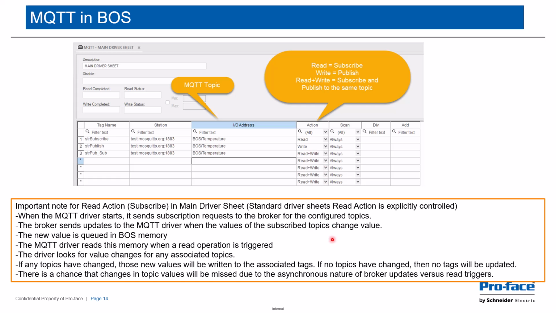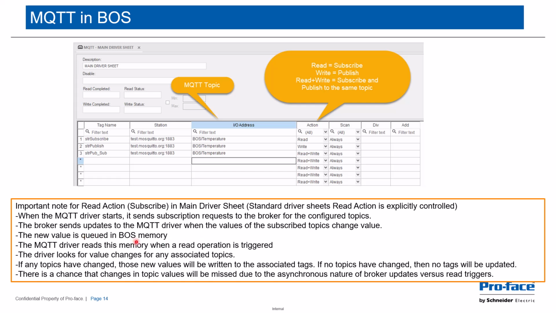Okay. So the note below, and I will illustrate this in a second in the software, is that the way the main driver sheet cycles is every 600 milliseconds, it's going to flush the data from the internal memory into the tag data. When the MQTT driver starts, it sends subscription requests to the broker for the configured topics.